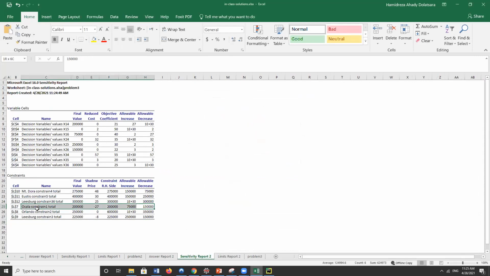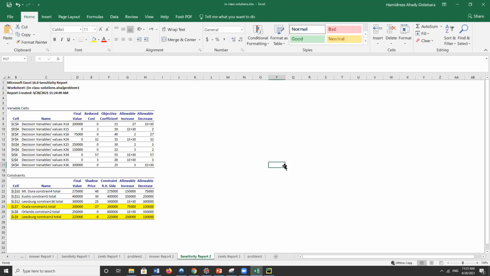As you see, look at Ocala and Leesburg. Their shadow price is negative. What does it mean? If I relax those equations by 1 unit, I reduce my cost.